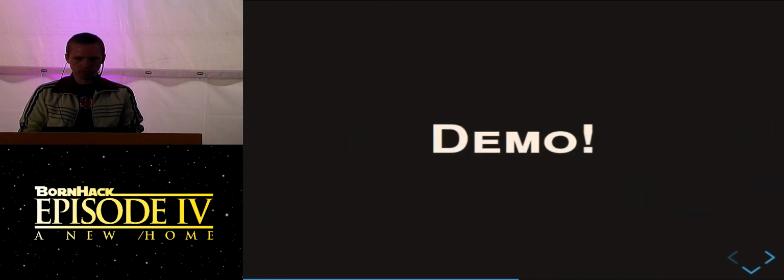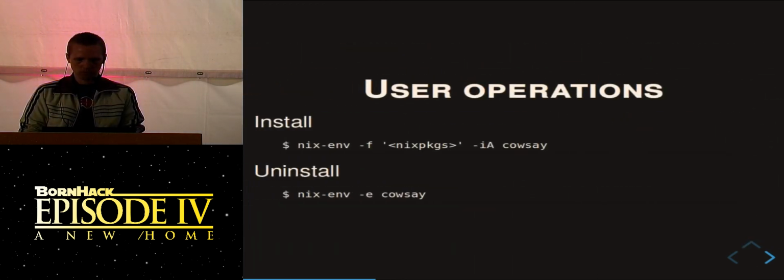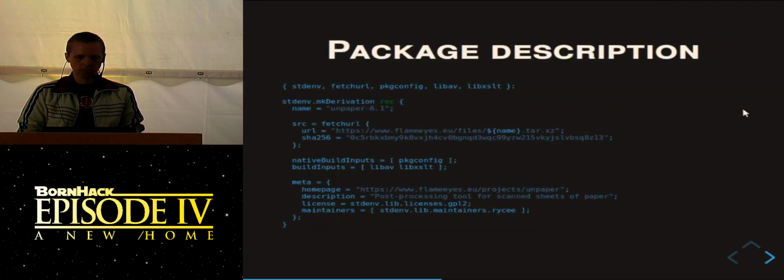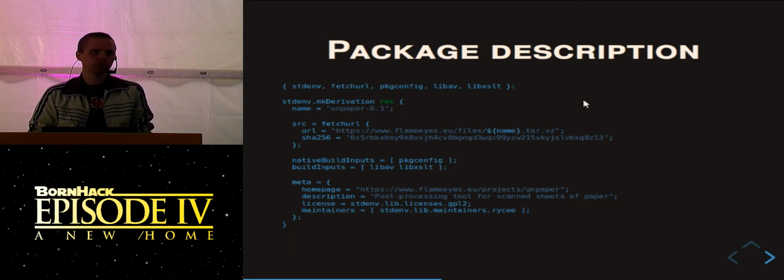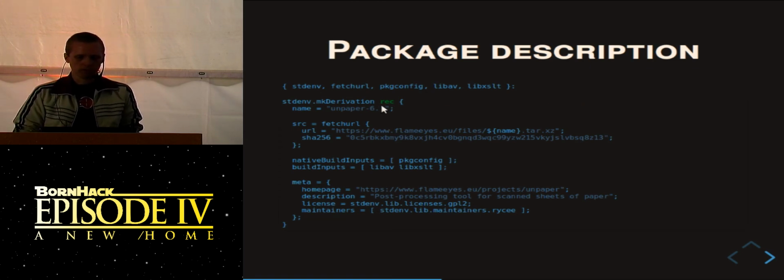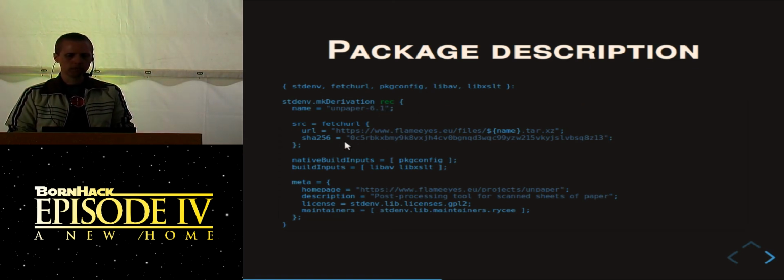So in our package description, this package is called onPaper, and this is the upstream version number of this package. Of course, I can change this version number, and then I'll get a completely different hash inside my Nix store, so a different version of this package.